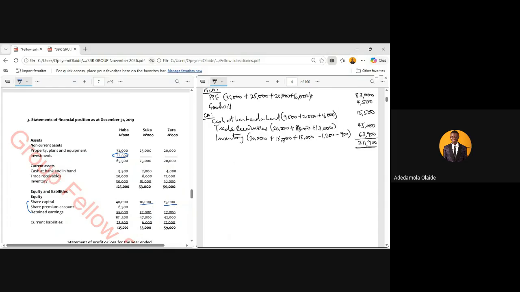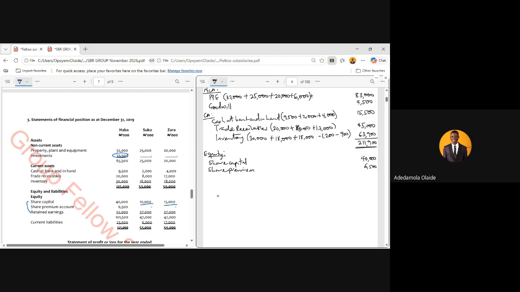Okay, so we can move ahead to equity. What will be our equity? Share capital, no need for adjustment. They've already recorded whatever difference we have there. But please, equity items, we are recognizing that of parents only. So equity will be share capital of parents only. Share premium, 6,500.